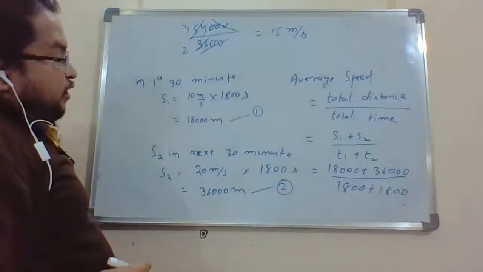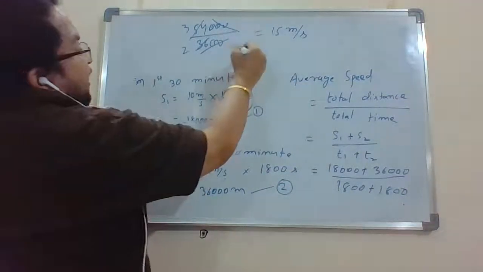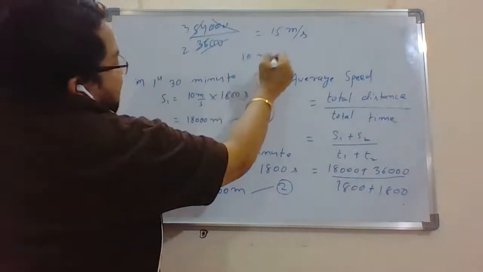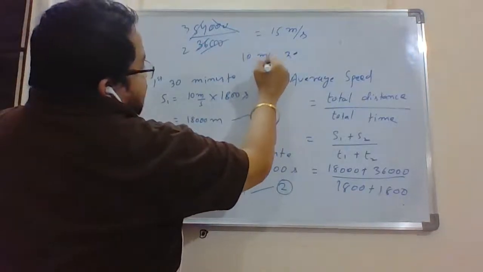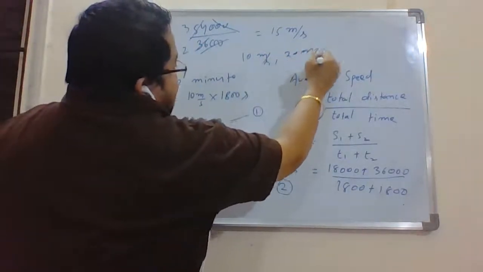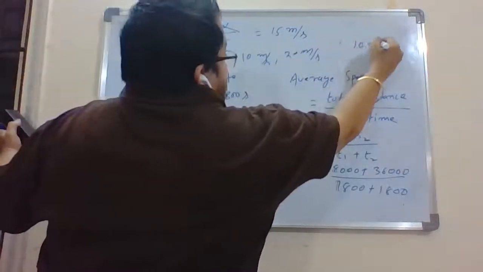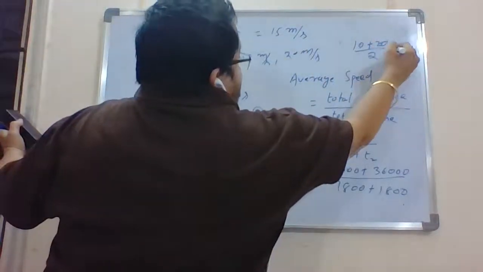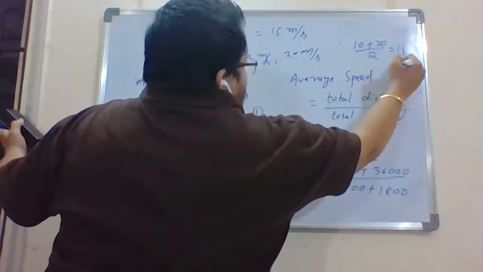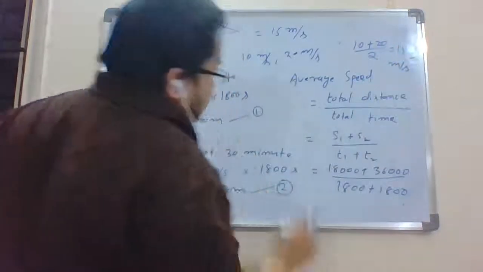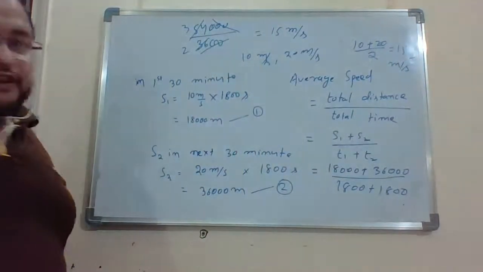Okay, now you may argue that okay, one was 10 meters per second, another was 20 meters per second, right? If you would have just added 10 plus 20 and divided by 2, you could have still got 15 meters per second. Yes, you would have got the right answer, right?